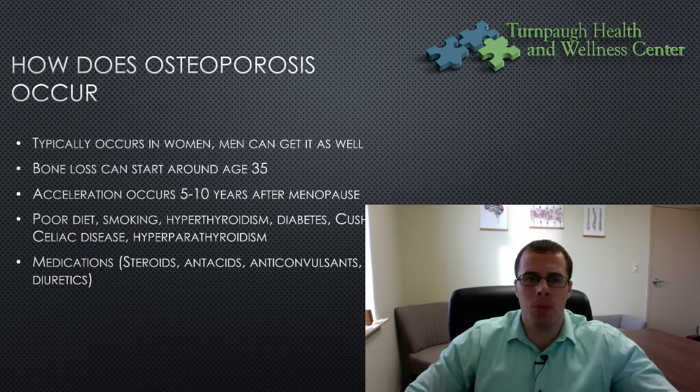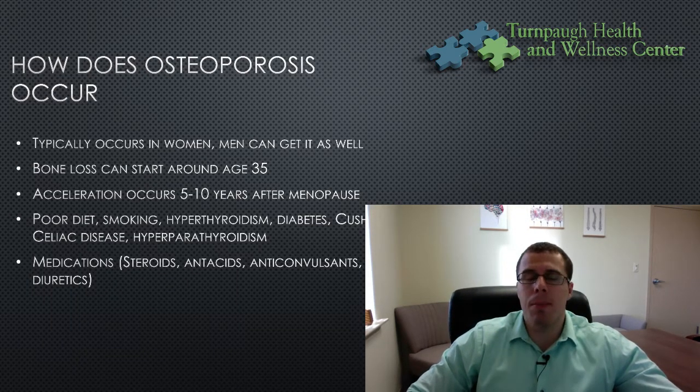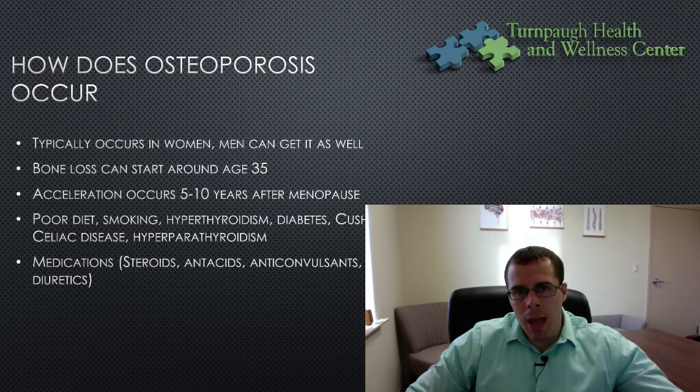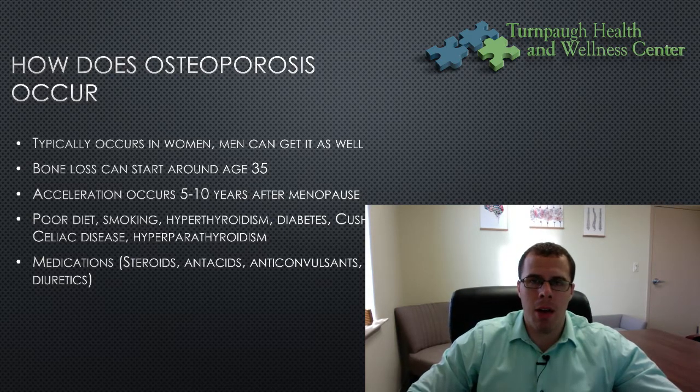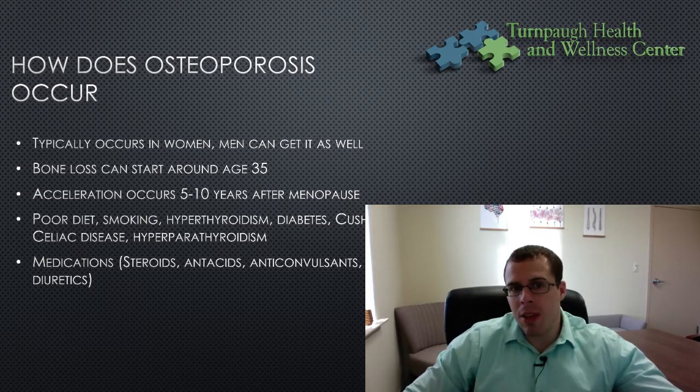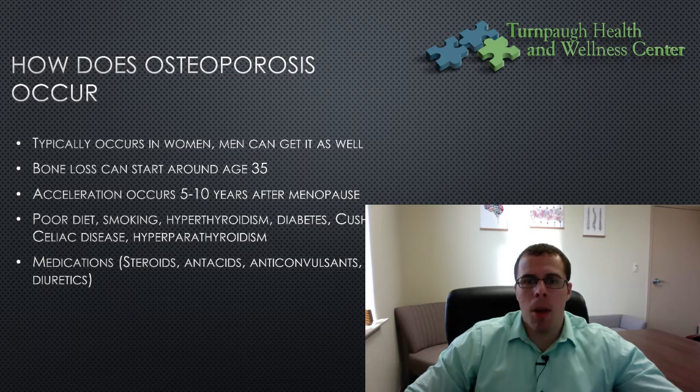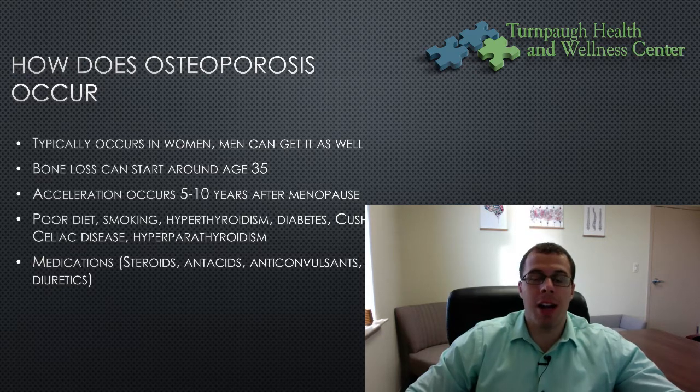So how does osteoporosis occur? Like we talked about, typically in women, but it can happen in men. Men can have osteopenia and osteoporosis. Excessive alcohol use, poor diet, smoking, and people with hyperthyroidism, diabetes, Cushing's, which has to do with cortisol, rheumatoid arthritis, celiac disease, or hyperparathyroidism.